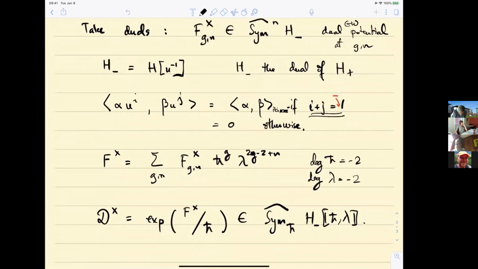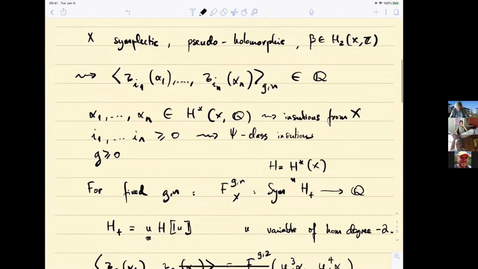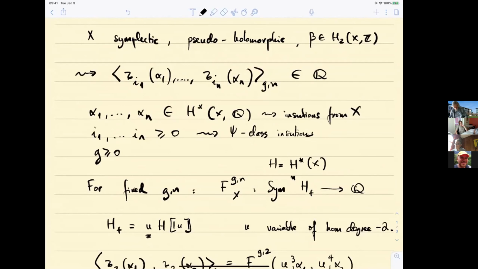But even if you didn't follow all the details, the main thing is I have constructed some element in some kind of symmetric algebra with 2 formal variables, h bar and lambda, which keep track of genus and Euler characteristic. And if I were to take the coefficients of this really complicated power series, after taking some kind of logarithm, I would be able to recover all the original invariants. So this is just a way to package all these guys.